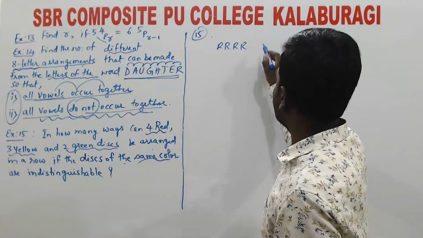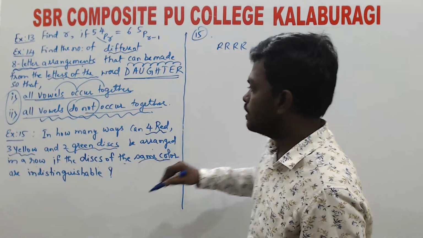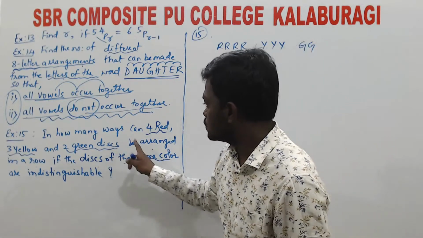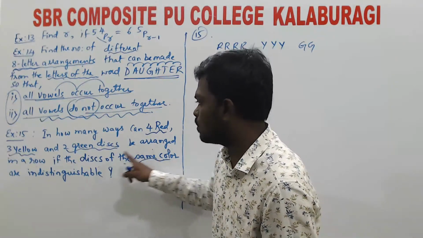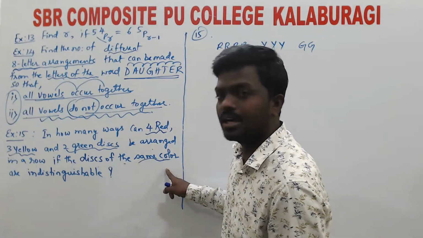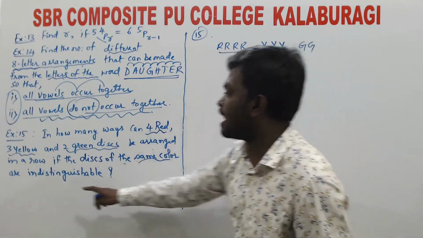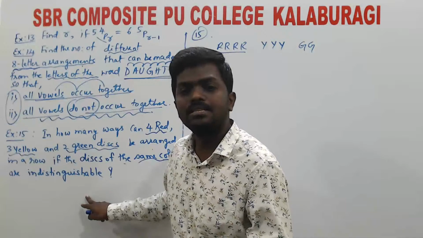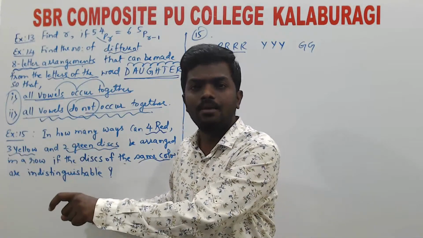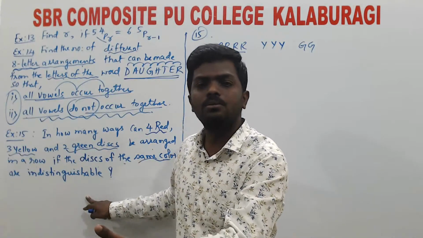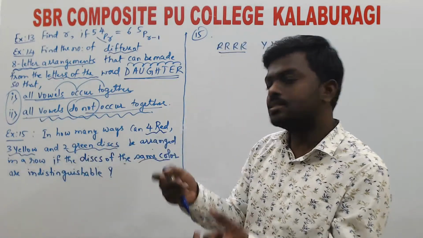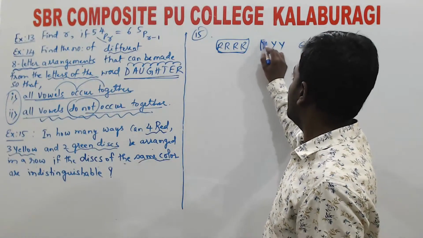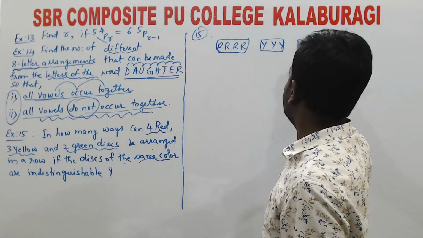Distinguishable means different, you can distinguish them. Indistinguishable means they are the same. So these 4 discs are of the same color, yellow these 3, green 2.